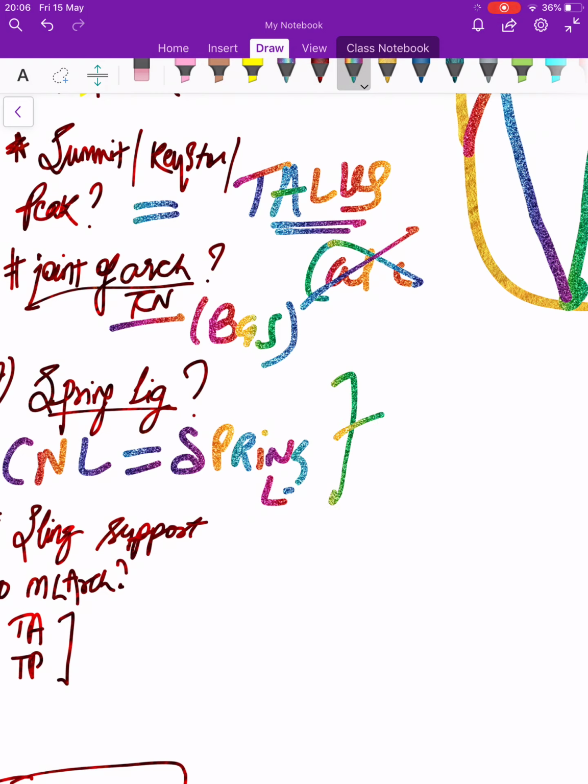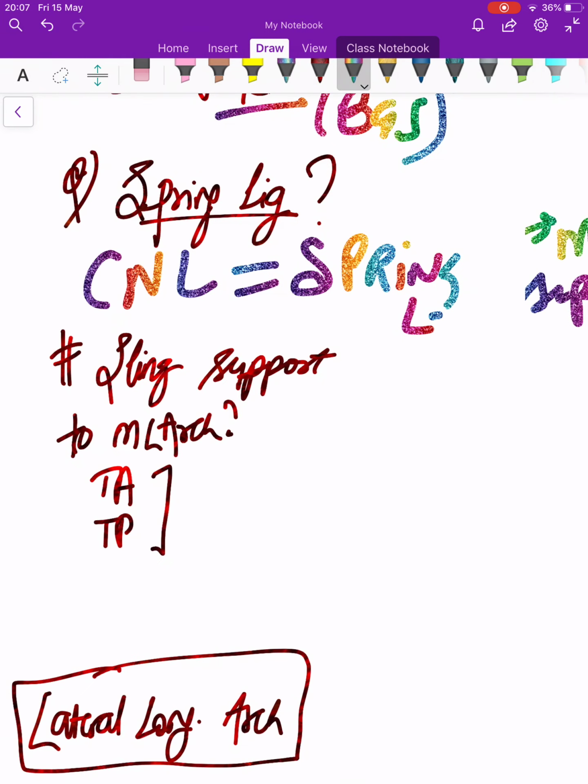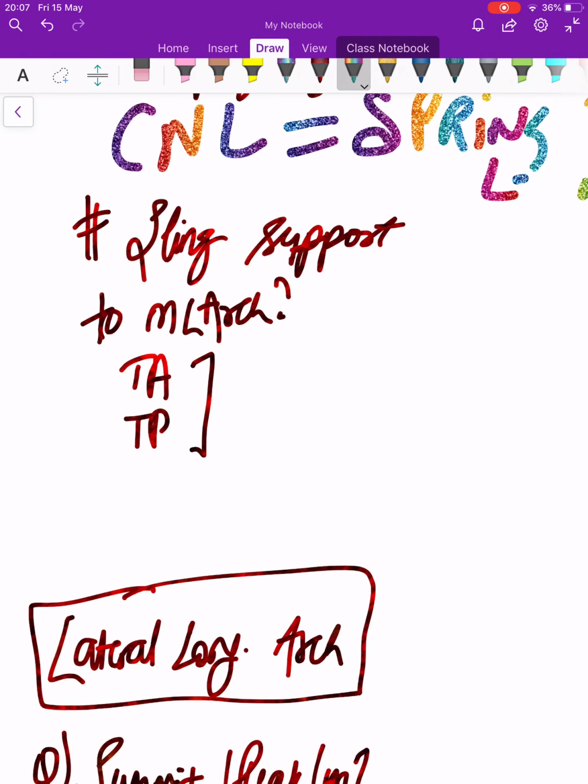The main support of the medial longitudinal arch is the spring ligament. So what are all the sling supports to the medial longitudinal arch? The major sling support is tibialis anterior and the tibialis posterior, ठीक है.